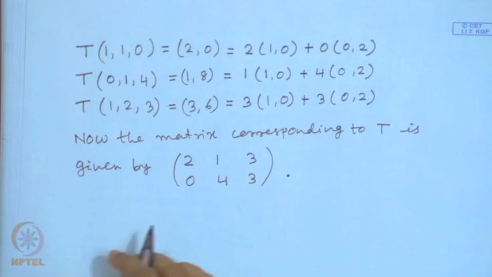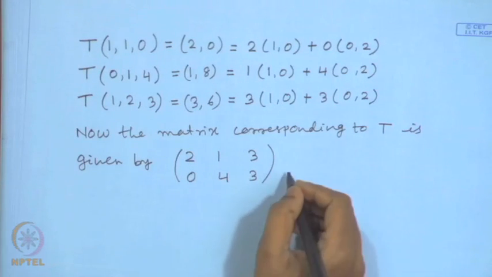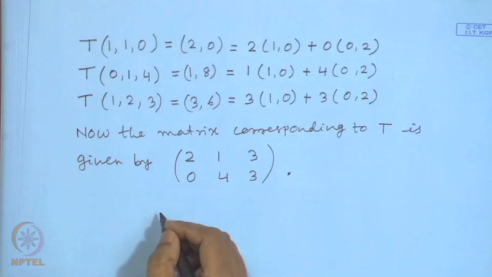So, this is how we find the matrix representation of a linear transformation.